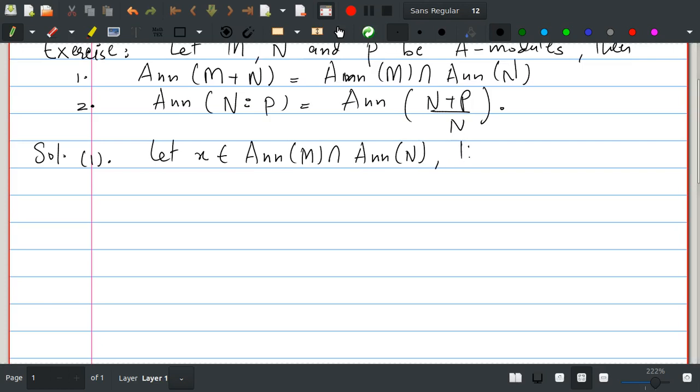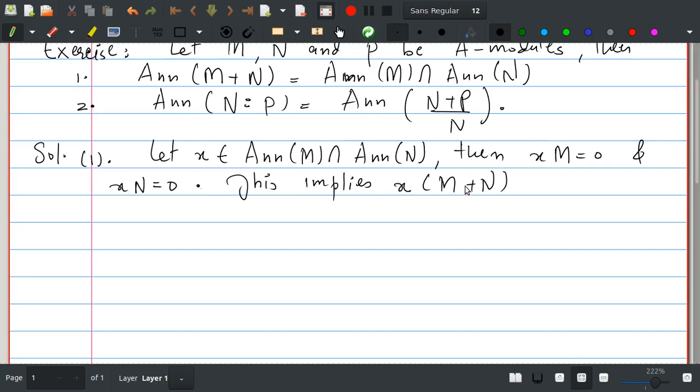That means this x will annihilate both M and N. This will imply x will annihilate their sum as well, because this M plus N is the set of all finite sums on their union.